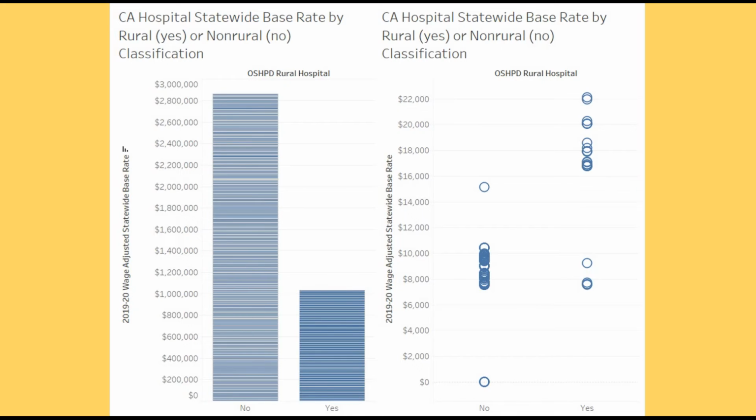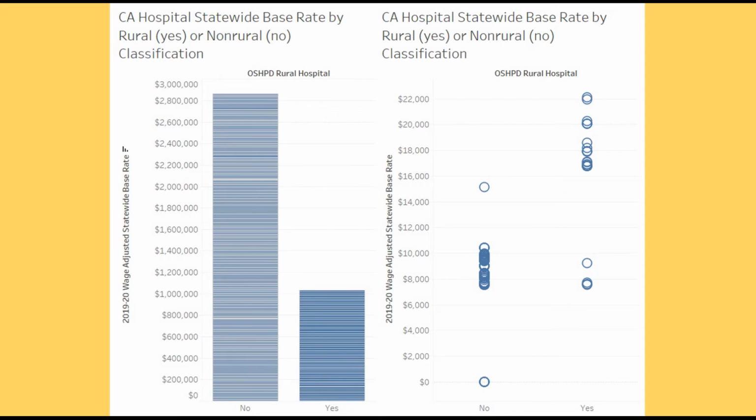Again, that's 353 hospitals with a grand total between $2.8 and $3 million overall. The rural classified hospitals have 62 hospitals with a total of about $1 million in provider base rates.